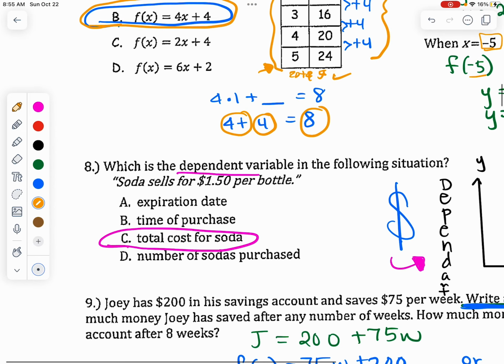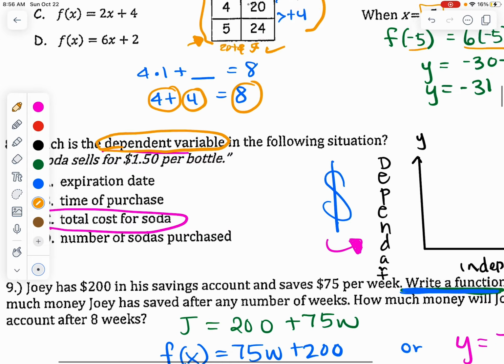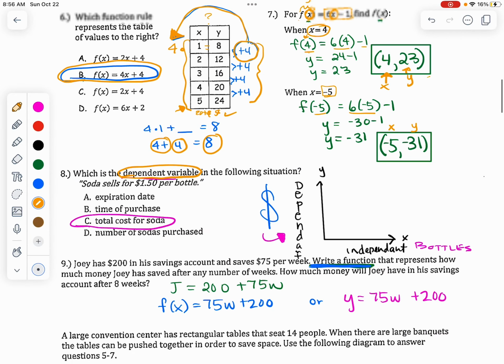On number 8, it asks us which is the dependent variable. So if you get stuck on these kind of things, just make a little graph off to the side like I did here. I know my y is always dependent, and my x is always independent, and then I would graph this out. I know that the money is always y because it's always dependent on something that you're selling or buying.